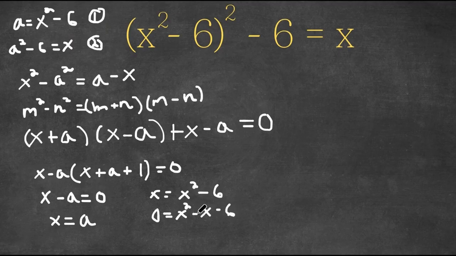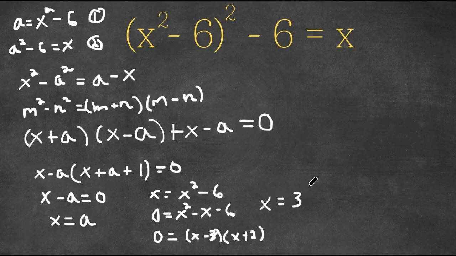Now we have a quadratic equation, and this would be factored to 0 is equal to x minus 3 times x plus 2, meaning our two solutions for x would be x is equal to 3 and x is equal to -2.